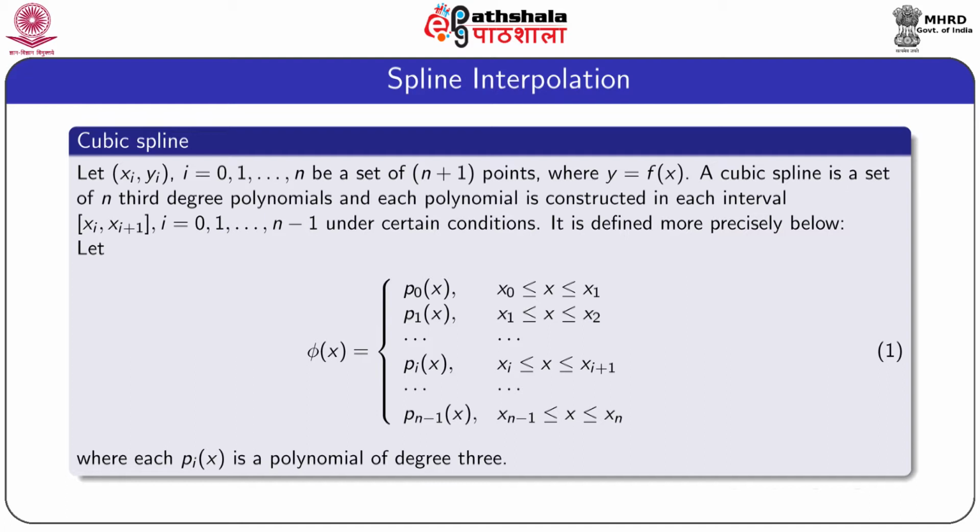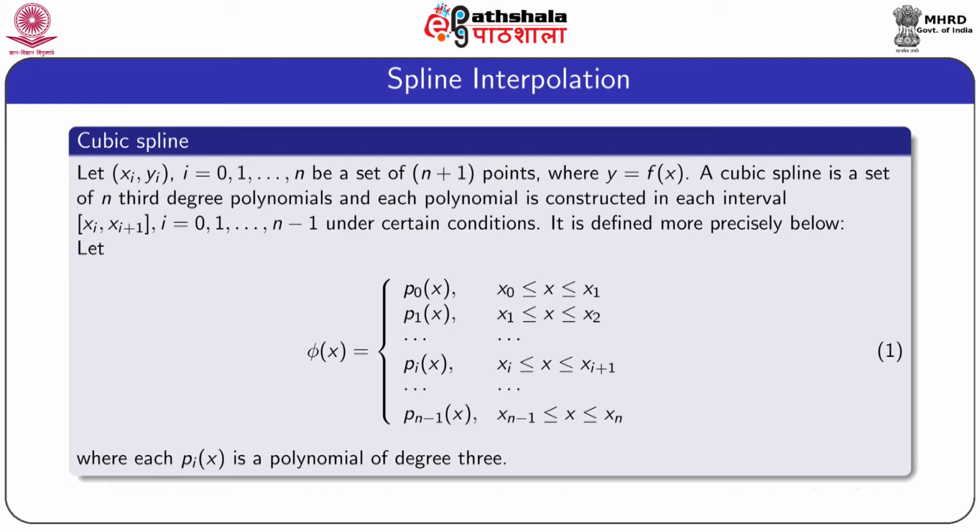A cubic spline is a set of n third degree polynomials, and each polynomial is constructed in each interval. The intervals are denoted by [x_i, x_{i+1}], which is obviously a closed interval, and i equal to 0 to n minus 1, but the polynomial is to be constructed under certain conditions which will be stated in the next slide.